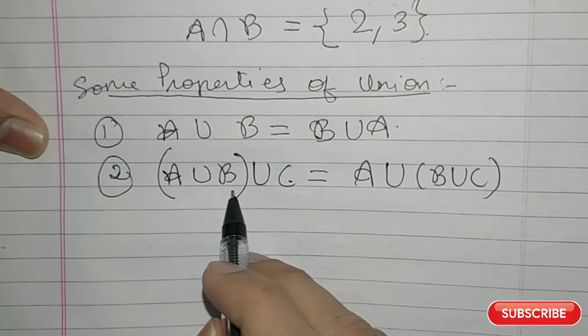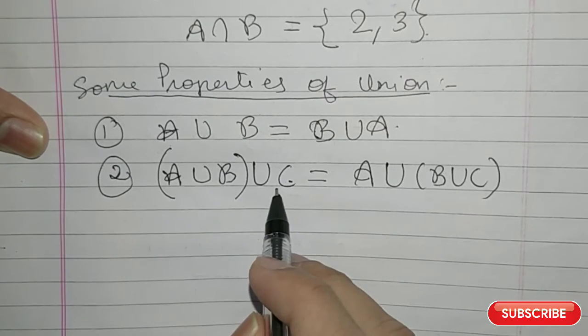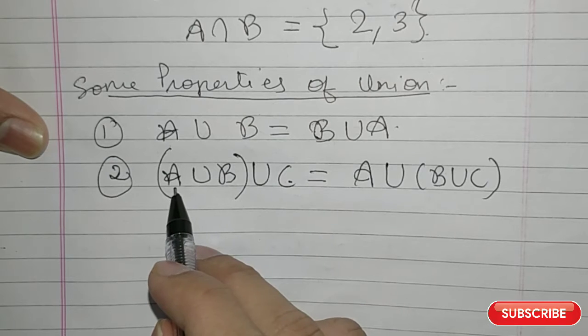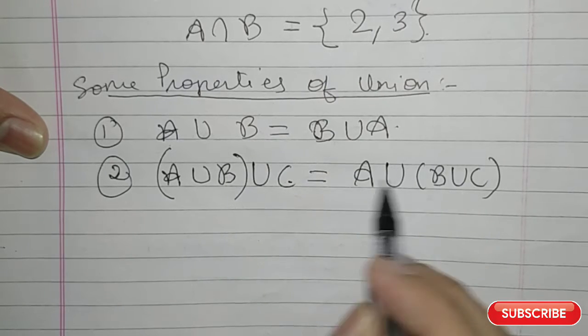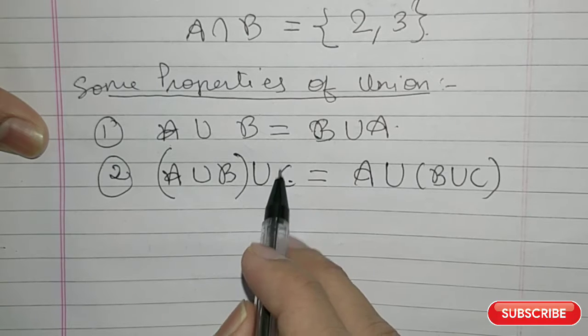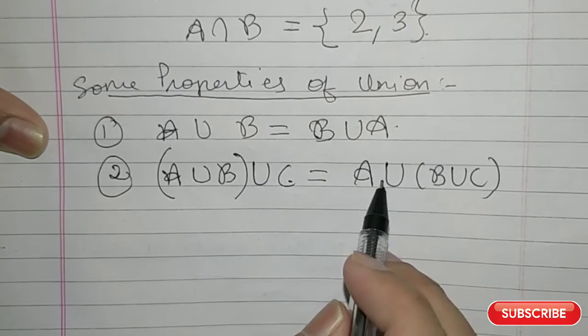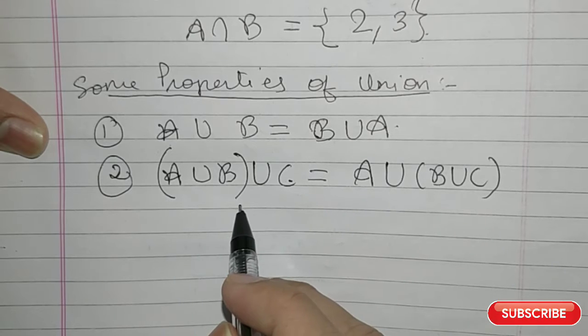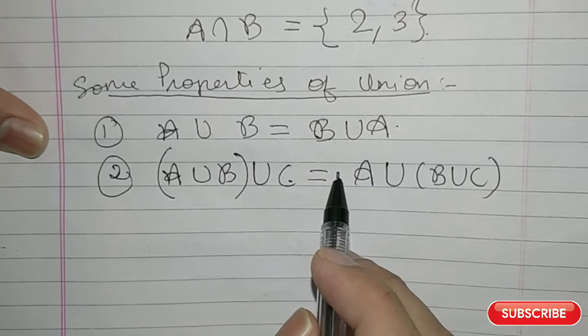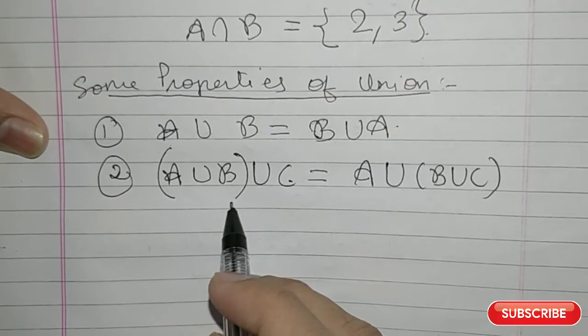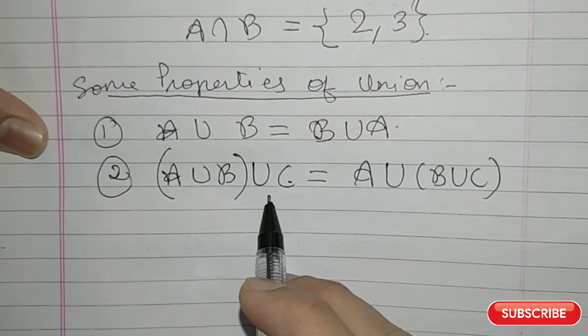So the order of operation, you can take in any order, but the important thing is that A, B, C should be in order. C you cannot bring here, B you cannot take there. So this A, B, C order is important here. Only the order of the operation, that is, these brackets are important.